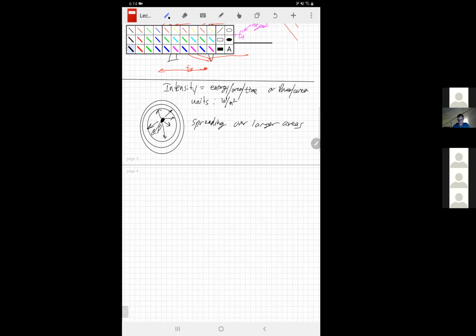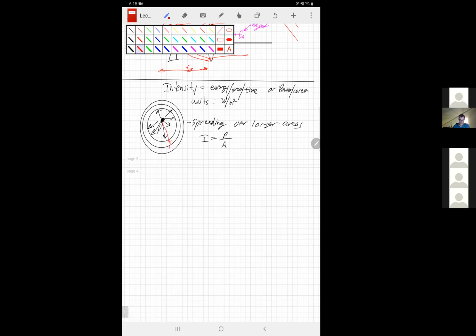Same power, larger area. Intensity is power over area, so the intensity has to decrease.